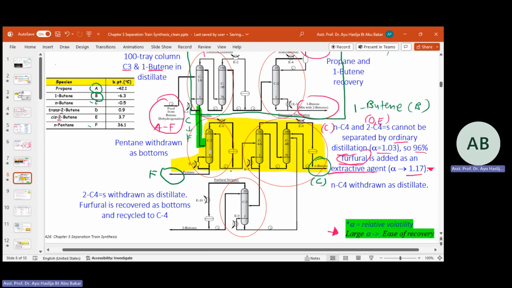Okay, DE just now, because it is hard to separate, we add the furfural here. So furfural, D and E, the two butenes. Now here is D, E plus the furfural.